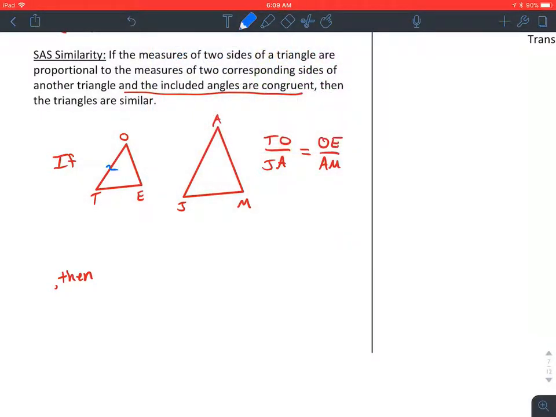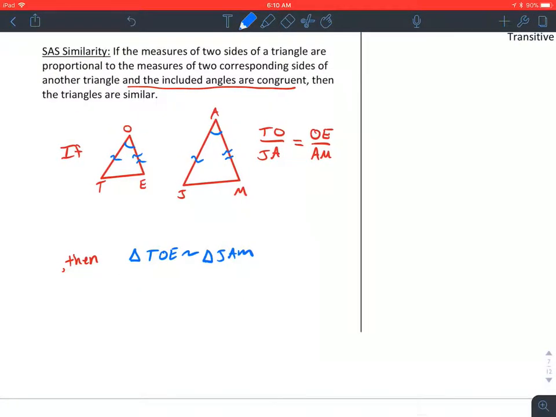Well, if we're talking about these sides matching up and these sides matching up, then the included angle would be angle O and angle A. This is the side-angle-side similarity. Then our conclusion, triangle TOE is similar to triangle JAM.